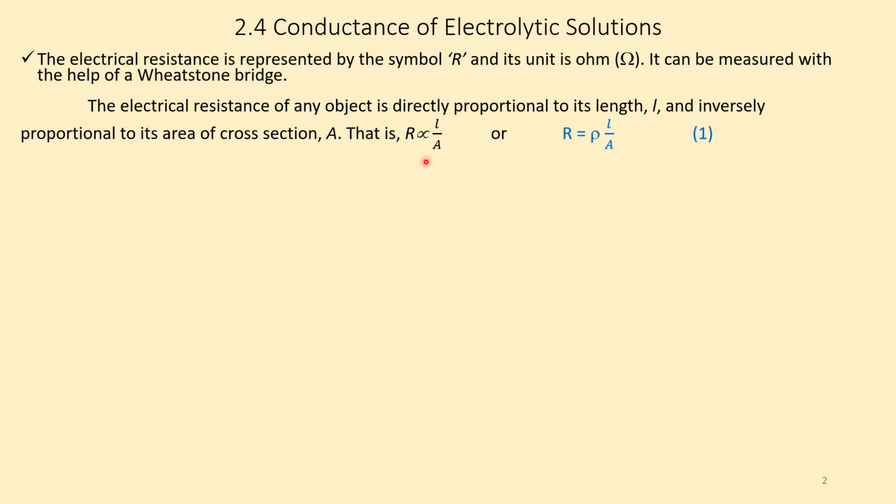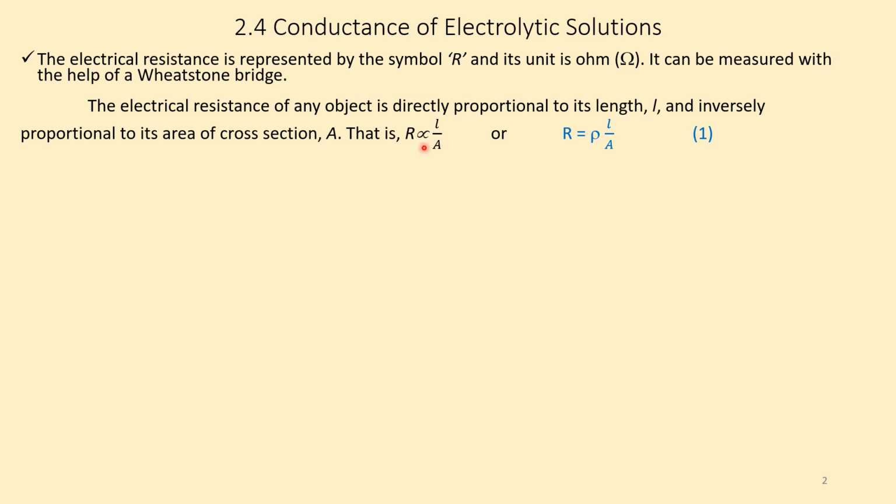The electrical resistance of any object is directly proportional to its length L and inversely proportional to the area of cross section A. Mathematically, it can be written as R is proportional to L by A, where R is the resistance, L is the distance between the plates and A is the cross section area.